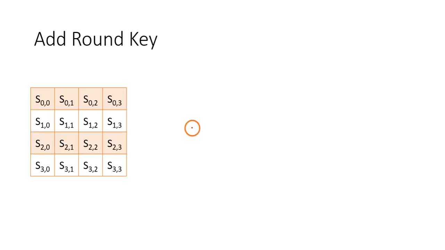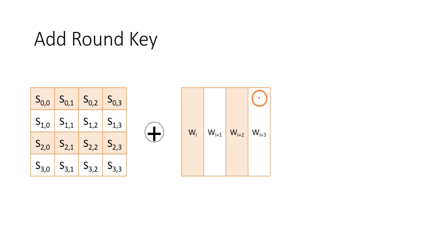And the last transformation is add round key. You take the input state and XOR it with the round key. If you see in the previous slides, the keys are generated like this: 4 keys at a time, W0, W1, W2, W3, and so on. The second set of keys are W4, W5, W6, and W7.